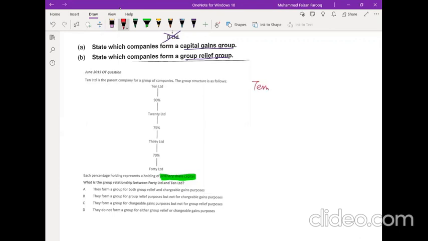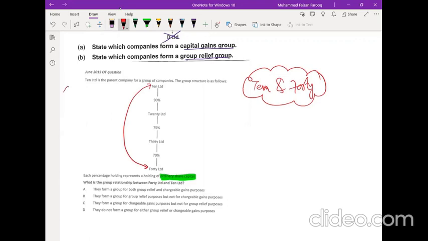The requirement is the relationship between 40 and 10, right? So we will check. 40 is the last one and 10 is the first one. First of all, I will check the group relief group, which I am marking in red.